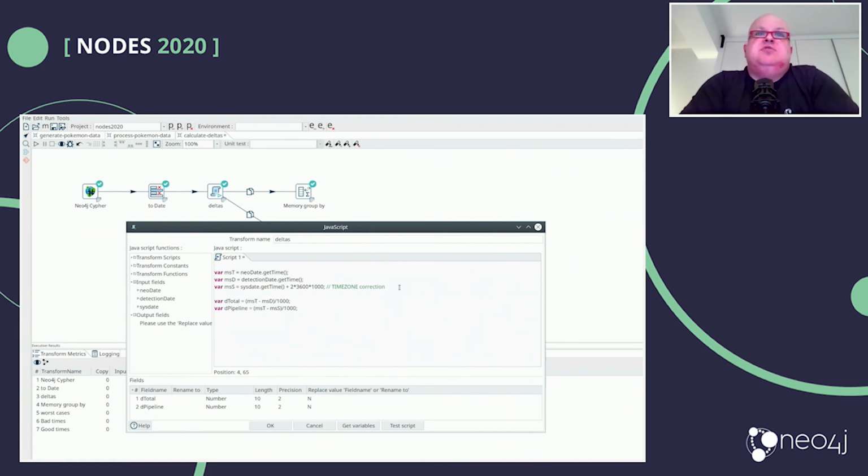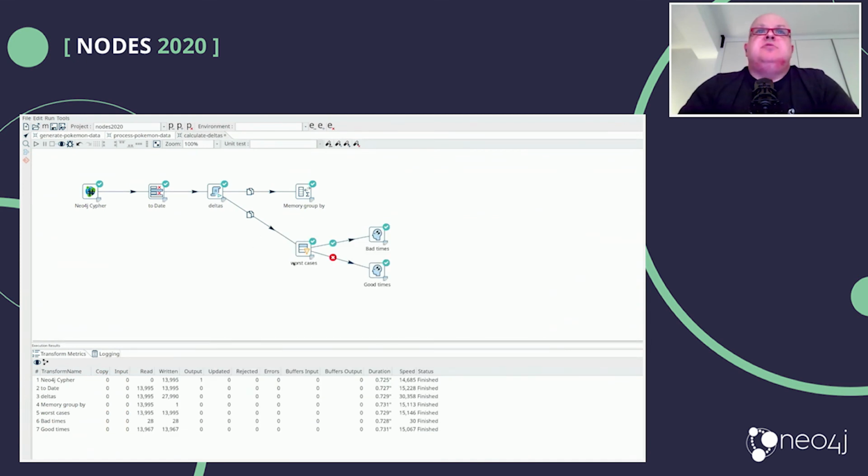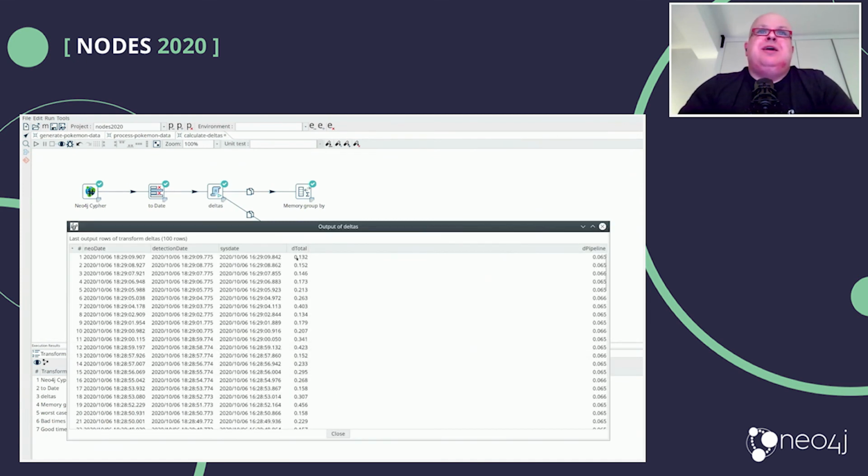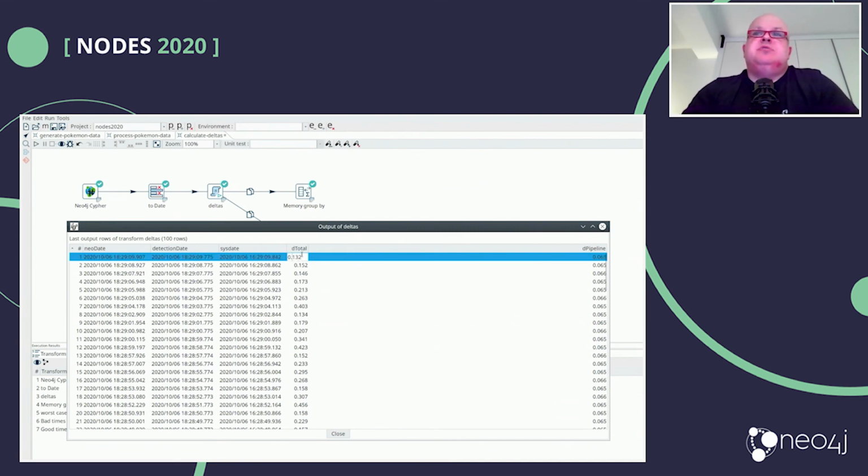So that gives you like time zone shenanigans. Okay, so what we have here is we calculate a total latency. For example, here's one 0.132 seconds. Great, right? And the pipeline 0.065 seconds. A very low latency despite the fact that we stacked the deck against us by working across the Atlantic.